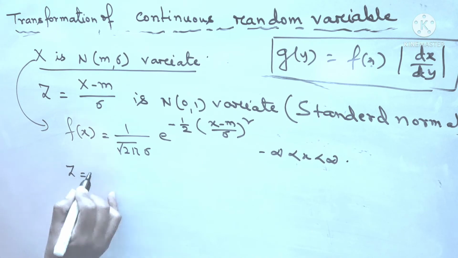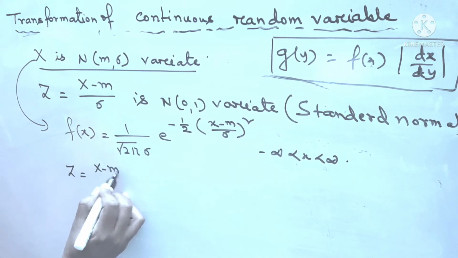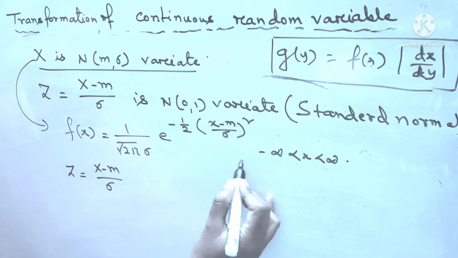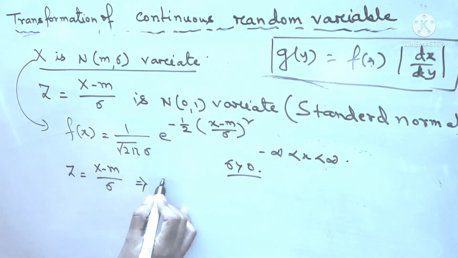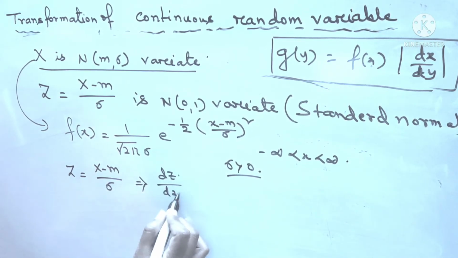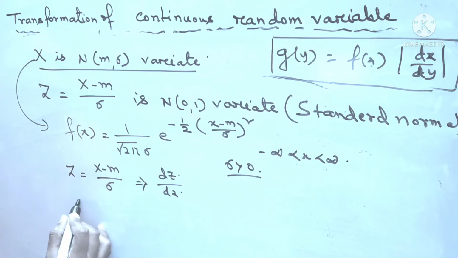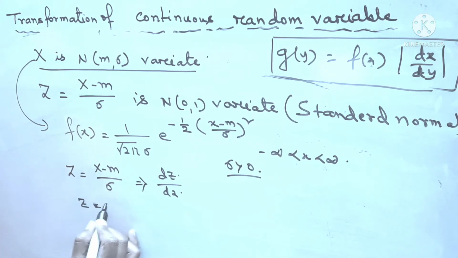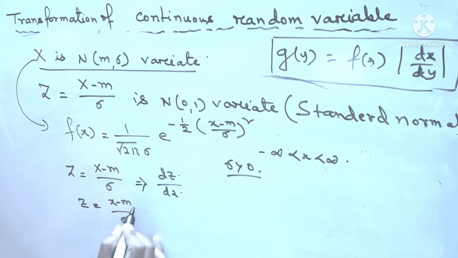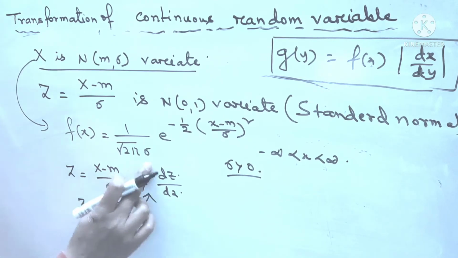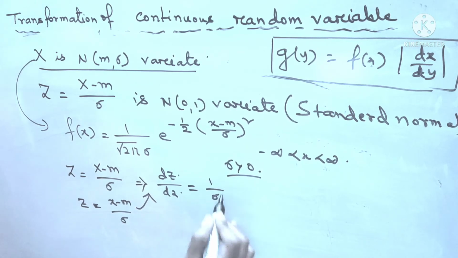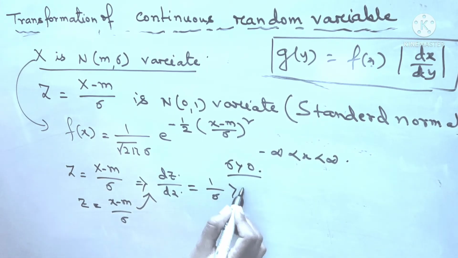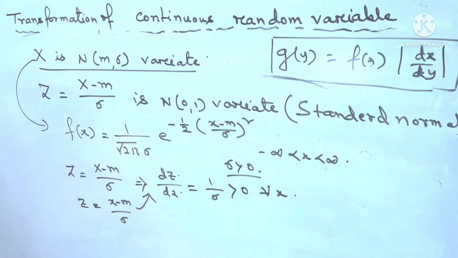Now here Z is equal to (x minus m) by sigma, and here the restriction is sigma greater than 0. Now dz/dx, in real variable, we can write first z equal to (x minus m) by sigma. Now we differentiate this: dz/dx is equal to 1 by sigma, and this is greater than 0 for all x.